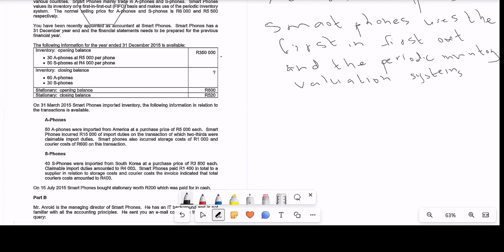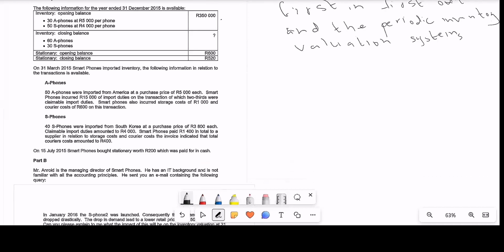With questions like this, they can ask you to calculate the inventory balance, or the value of the cost of sales. So the questions can vary. With these types of questions, you must really be attentive to what they're asking so that you don't make mistakes, because you can make a lot of mistakes by not reading the question carefully.